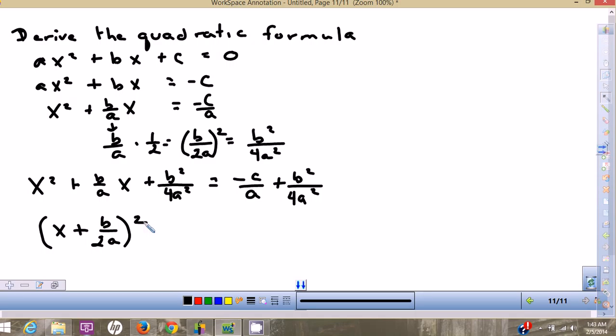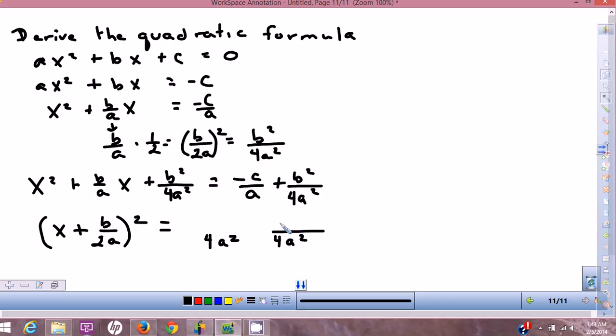We completed the square. That was the whole point. Is equal to. Now, on the other side, I need a common denominator. My common denominator has to be between a and 4a squared, so we're going to use 4a squared as our denominator.